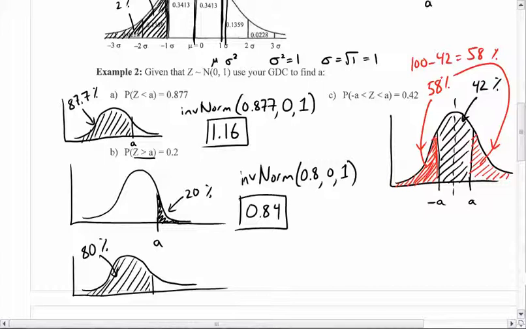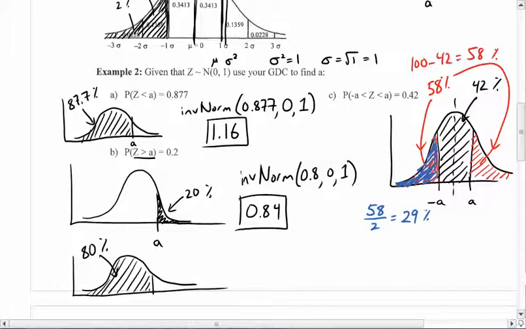And because this is symmetrically distributed, A and negative A are the same distance away from the middle, that means that the blue portion is just half of the total red portion. So the blue would be 58% divided by 2, so 29%.